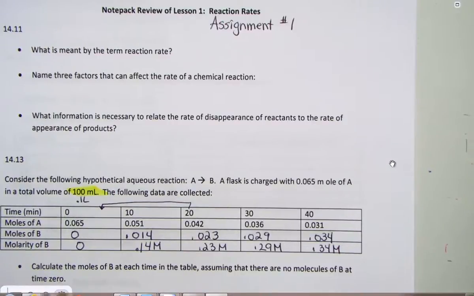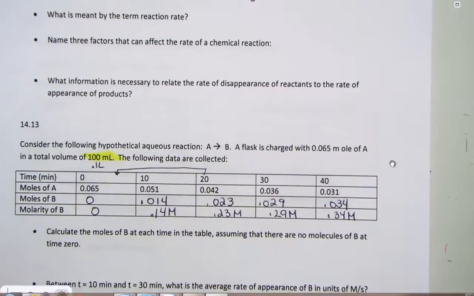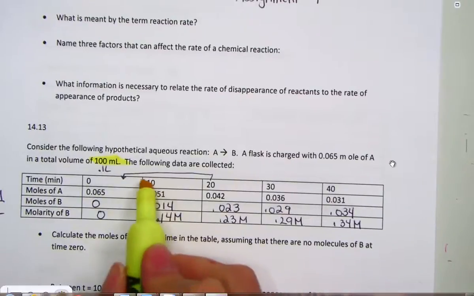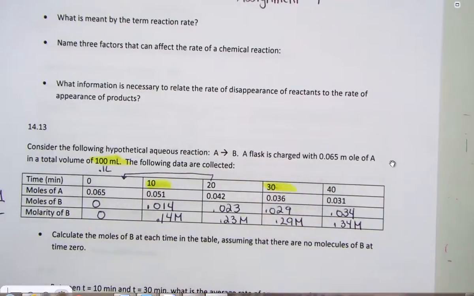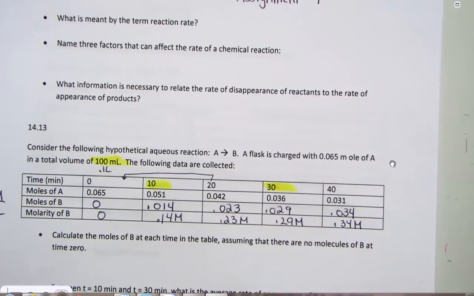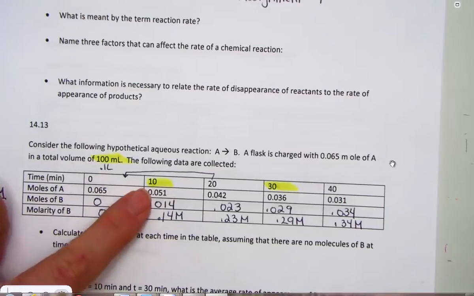Now the next question says, between time 10 minutes and 30 minutes, what is the average rate of the appearance of B in molarity per second? Well, okay, so now all of a sudden I have a unit here, molarity per second, but I have minutes in here.